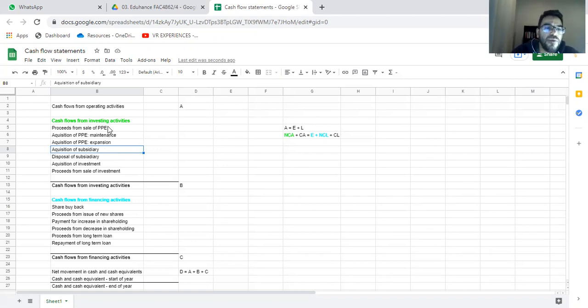Okay, so once more, under the investing activities, typically under operating activities you will include dividends and interest income. The accounting standard allows you to include dividends received and interest received under investing activities if it relates to long-term investments. A dividend received would be if you have an investment in shares.